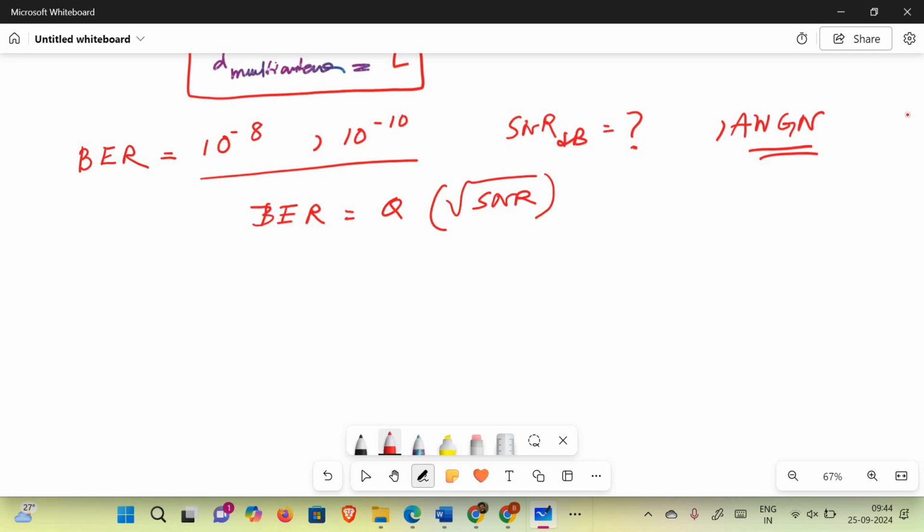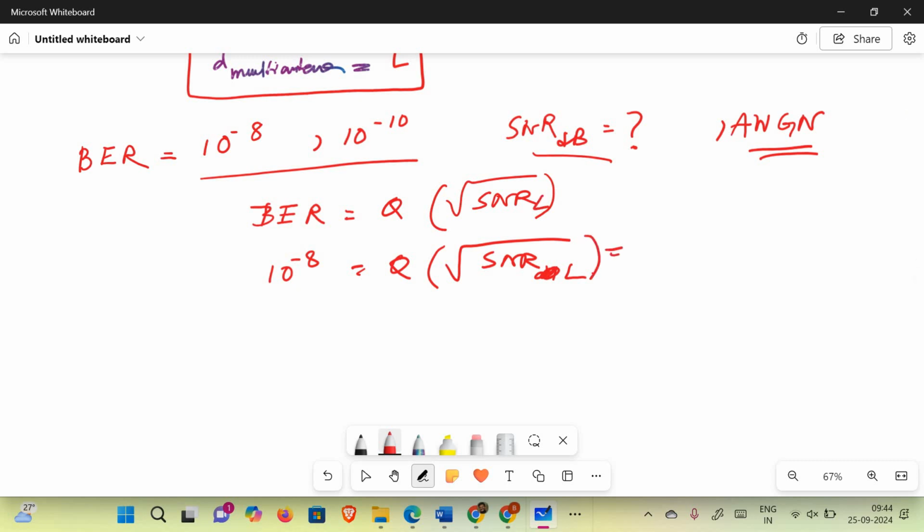So in this case, your BER is given as 10 to the power minus 8. The left hand side of the equation is 10 to the power minus 8 equals Q of square root of SNR. But remember, in this equation the SNR is in linear scale, not in dB. So you just have to compute this.